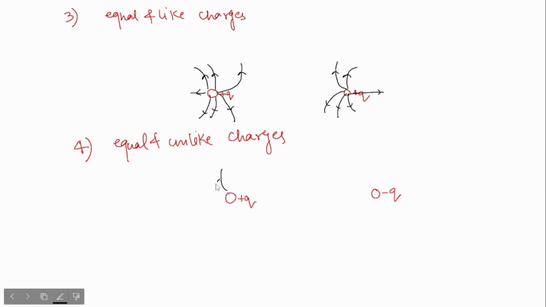They will emerge from the positive charge, like this. But they are going to converge towards the negative charge, meaning at the negative charge the lines will be converging, like this.